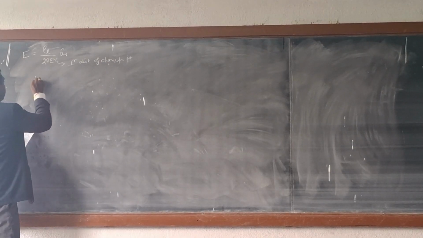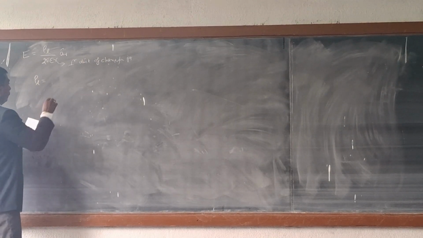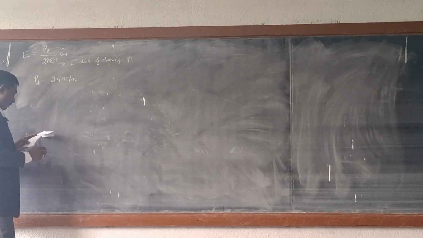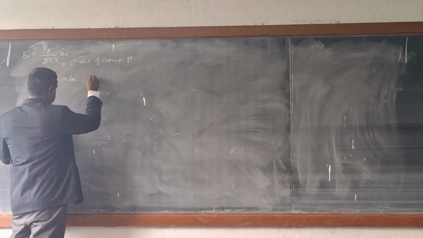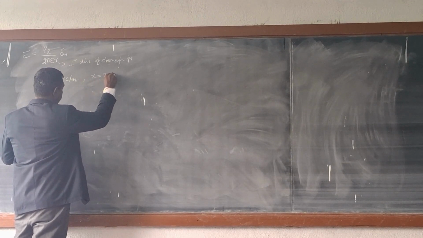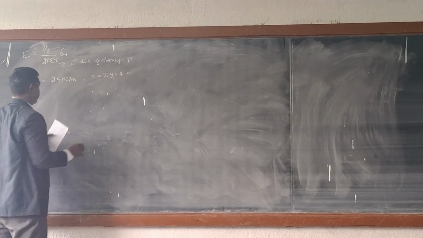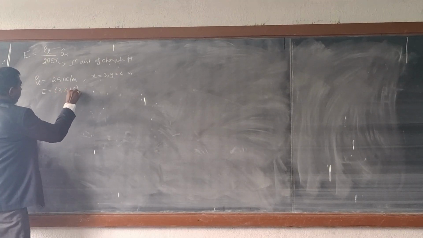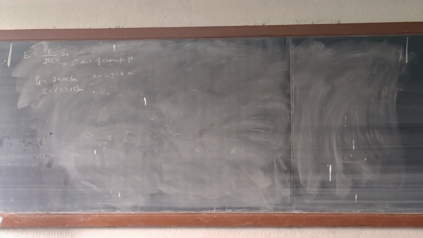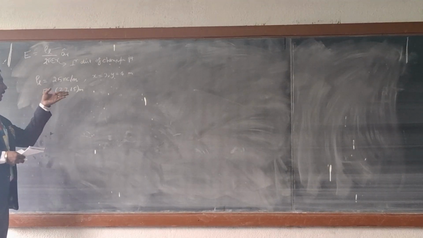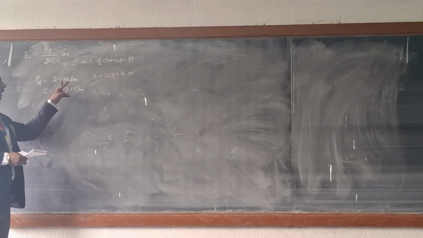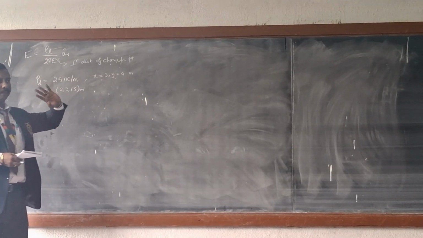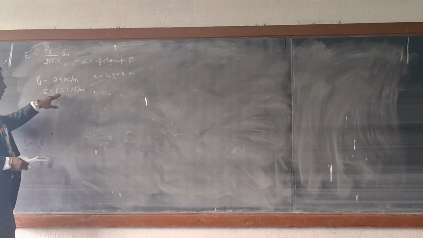We have a line charge of density rho L equal to 25 nanocoulomb per meter. The line is situated at x equal to 3 and y equal to 4 meter. Find E at 2, 3, 15. I will repeat the question. We have an infinite line of charge density 25 nanocoulomb per meter. You are asked to find electric field at this point.